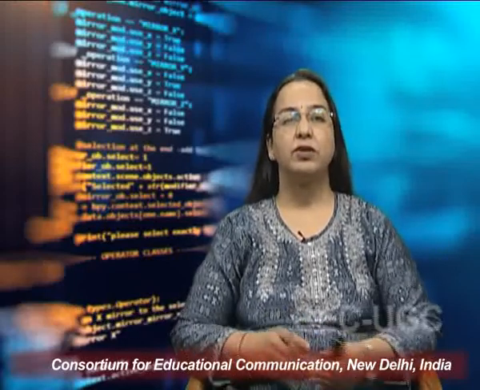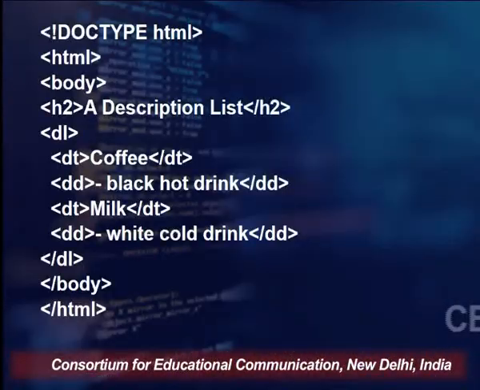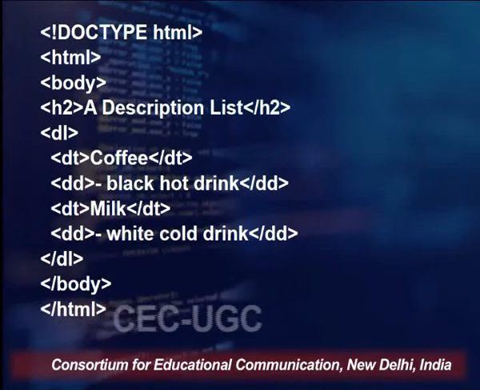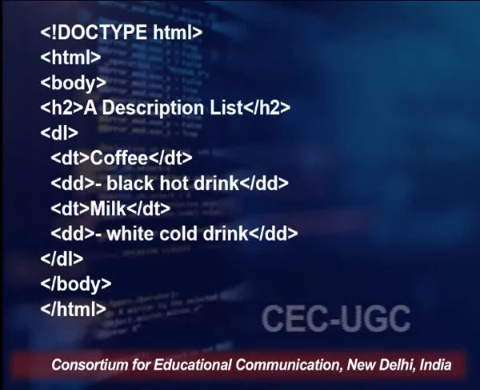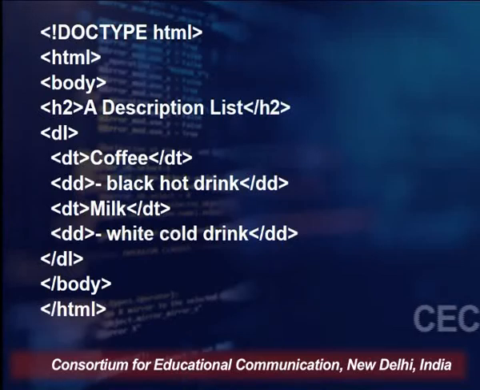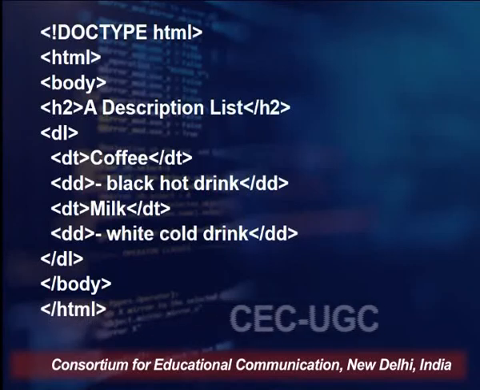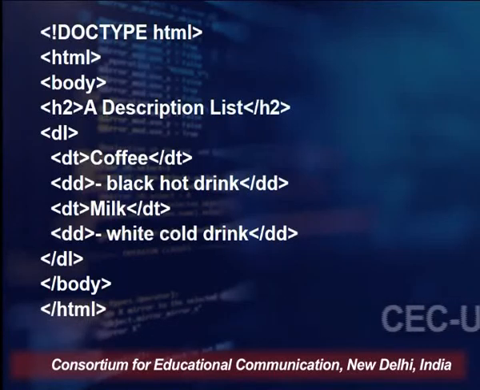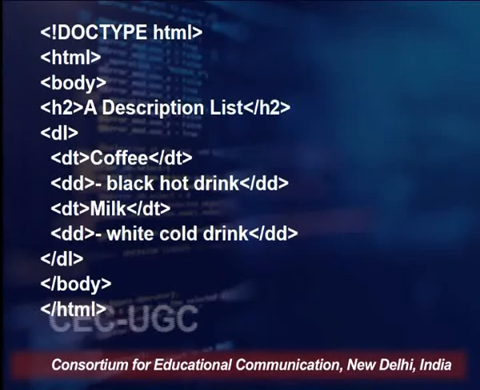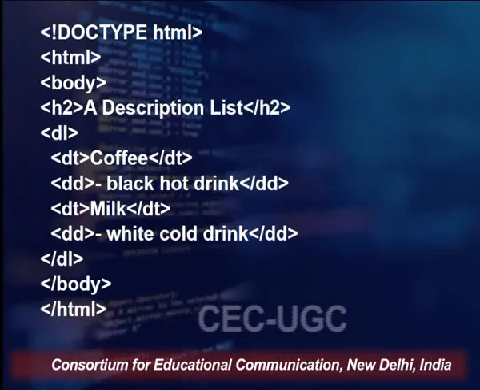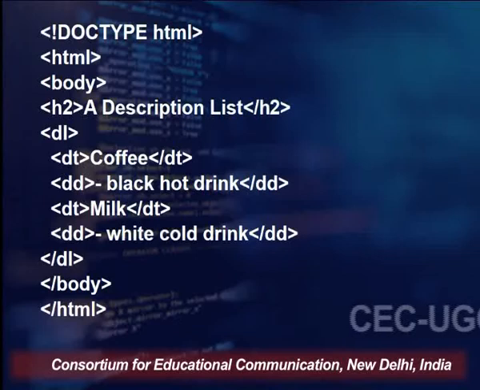So we have doctype HTML, then HTML and body, and the description list we are going to begin. I have written it inside a heading, maybe H2 or H1. Now please remember, we are going to start our description list by DL. Then we have one item which is coffee, and it is enclosed inside the DT tag, opening and closing.